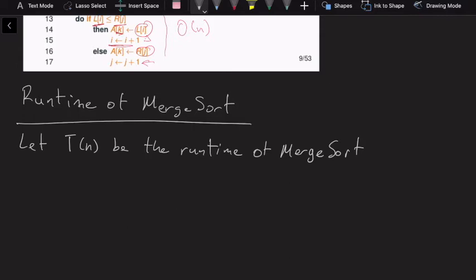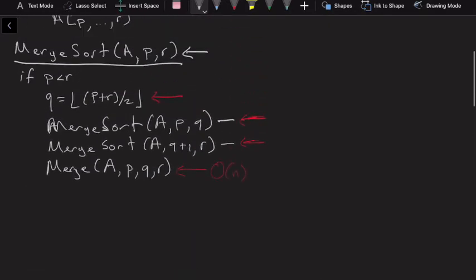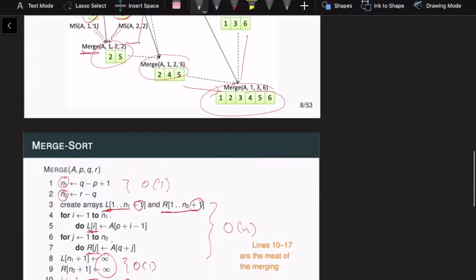From this, we can say that the total runtime of MergeSort consists of two things: two computations of the same runtime but on smaller sizes, and something that is order n. In fact, it's not just order n, it's theta of n, because we know it's exactly going to take us n to run.